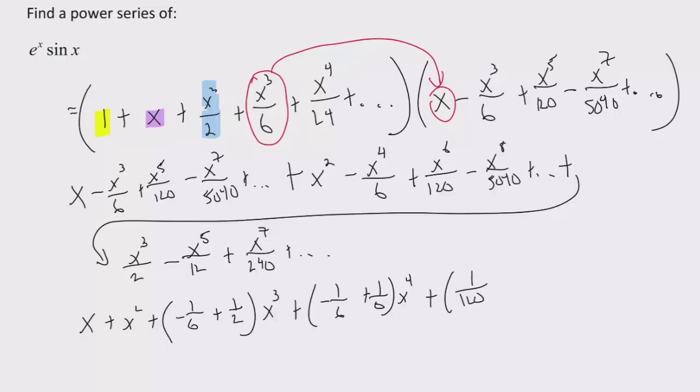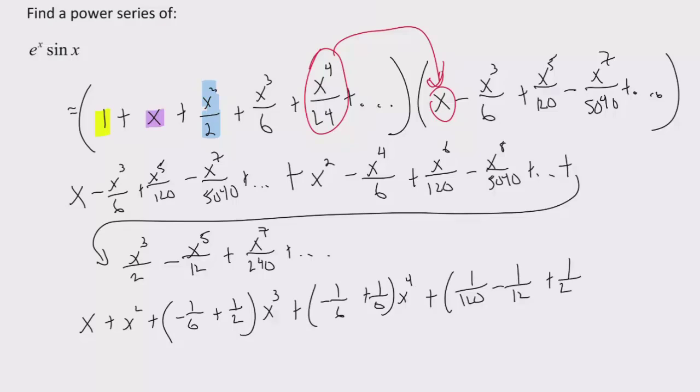I have a minus 1/12. And is there any other thing that maybe I did not consider when I was distributing there? Yeah, I've got another spot. If I took this guy, x to the 4th over 24 times x, that would have also given me an x to the 5th. So that would give me 1 over 24 x to the 5th plus dot dot dot.